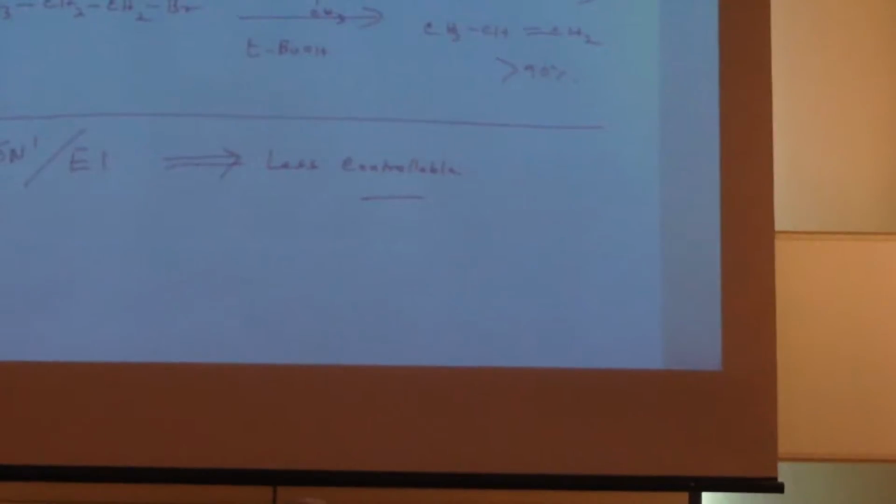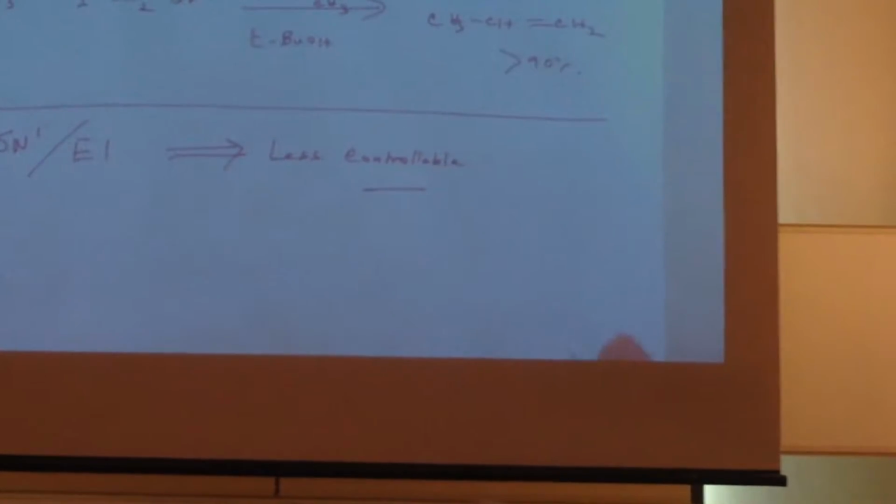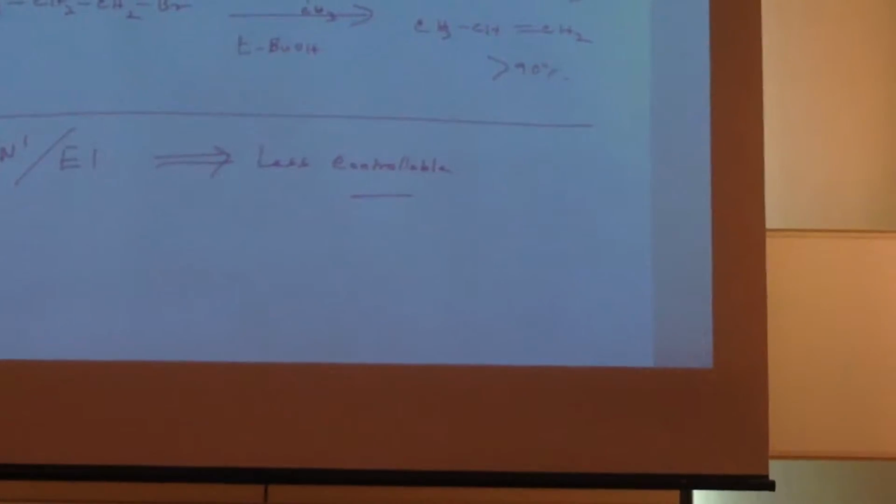But the manipulations are more stringent and more difficult to do in this case. But it still can be done, and we'll later see some examples of that when we try some of the problems. Okay, let me move on to something else.